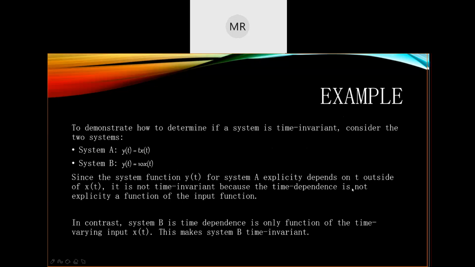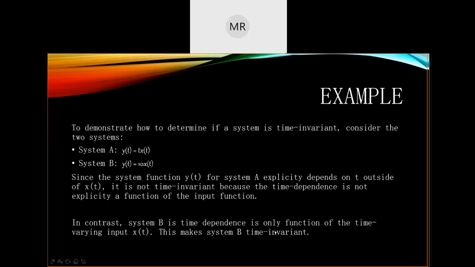Since the system function y(t) for system A explicitly depends on t outside of x(t), it is not time invariant, because the time dependence is not explicitly a function of the input function. In contrast, system B is only a function of the time varying input x(t). This makes system B time invariant.